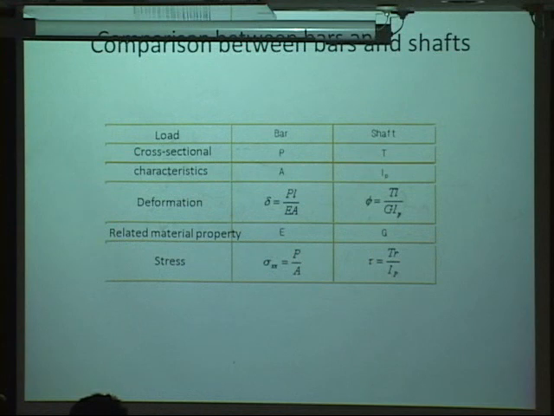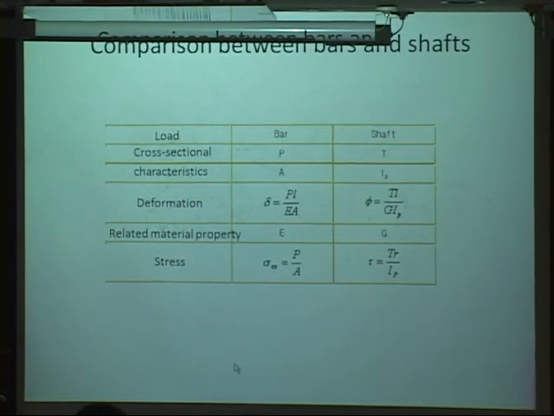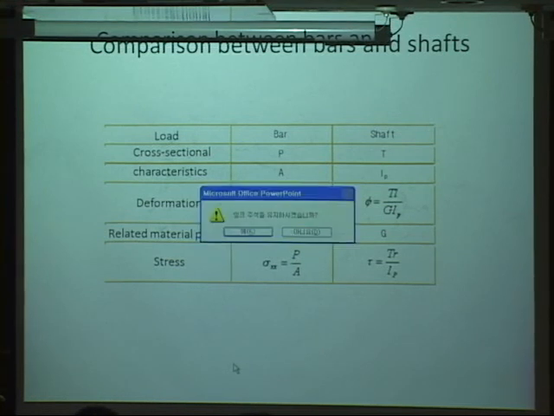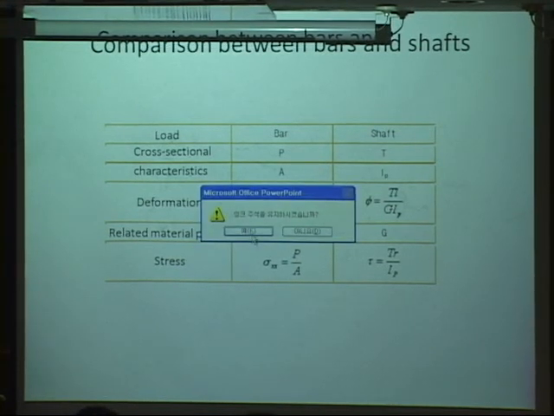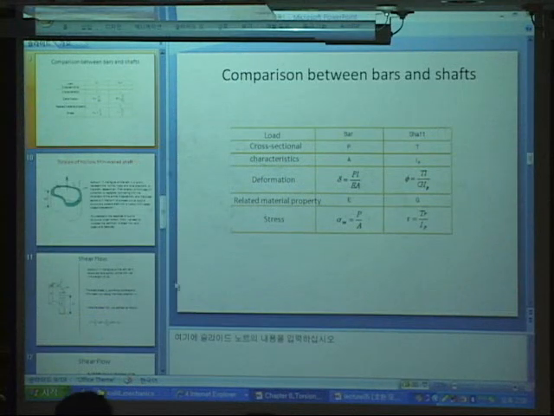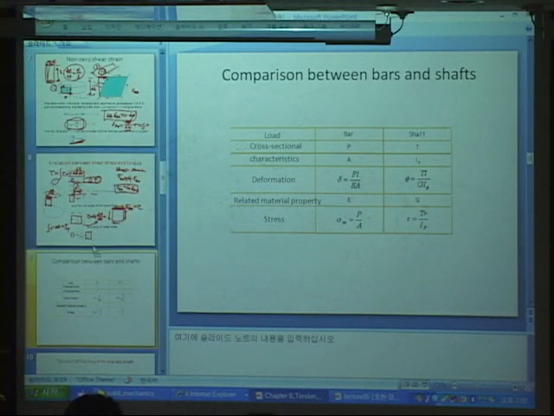And let's compare between, okay. I know you guys are a little confused, so let me derive the equation again.